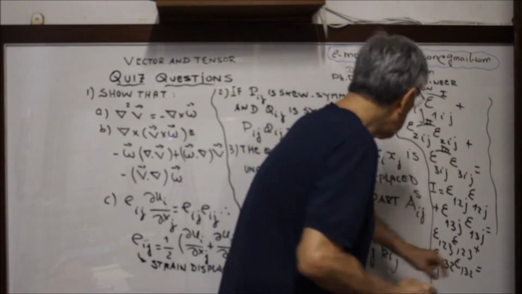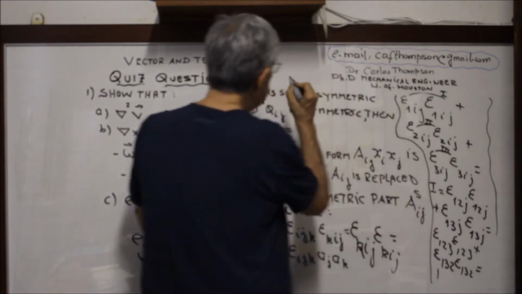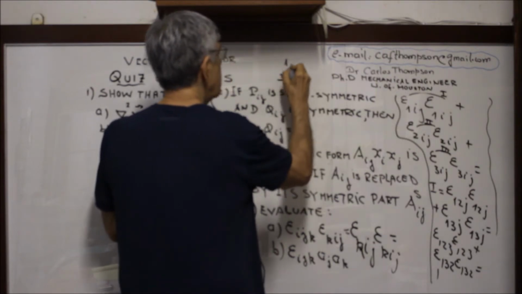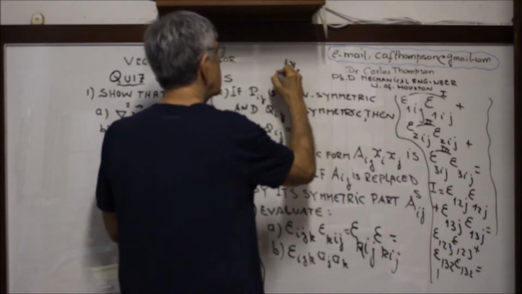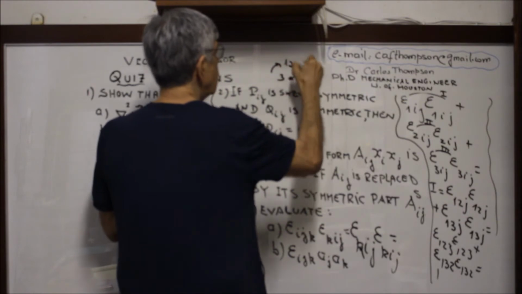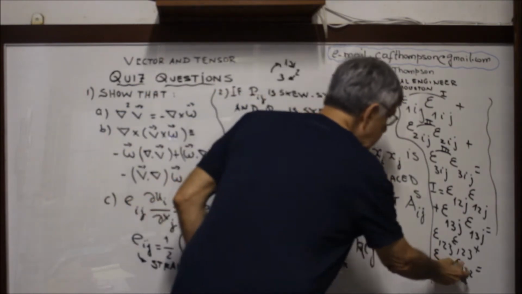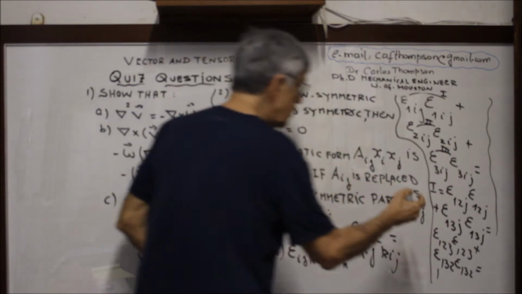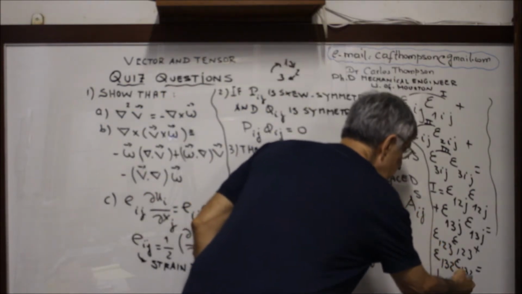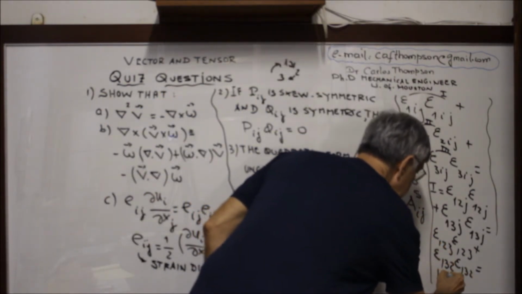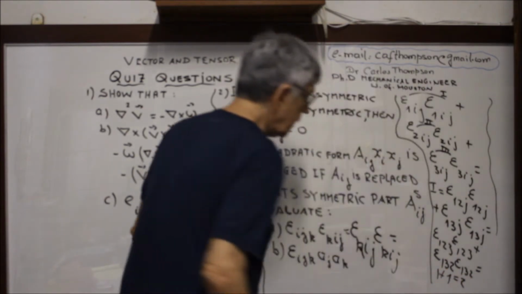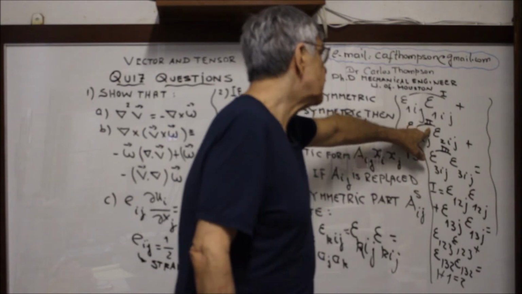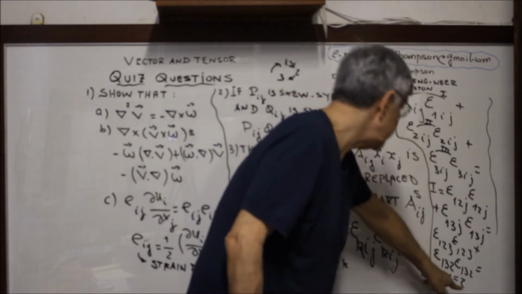Now, epsilon 1,3,2. Remember, see this 1,2,3. Now, epsilon 1,3,2. You see, 1,3,2. This is minus 1. Minus 1 times minus 1 is plus 1. So this is equal to 2. Now for this term 2, also it will be 2.